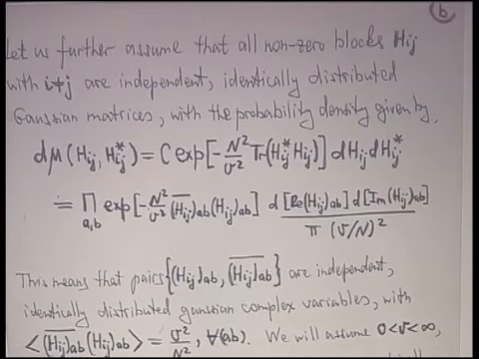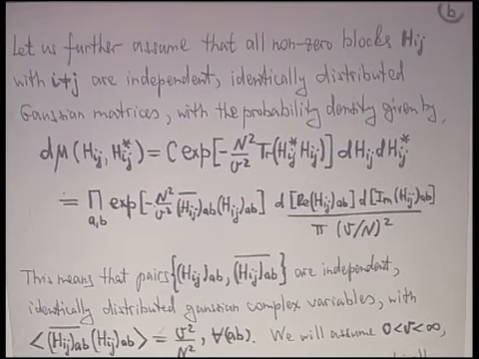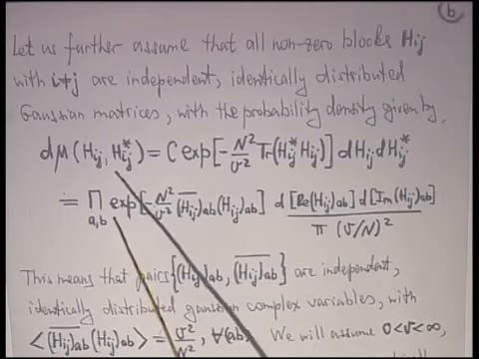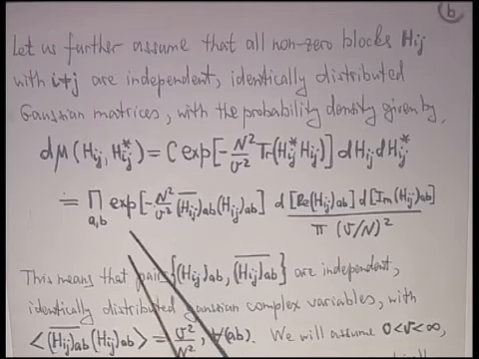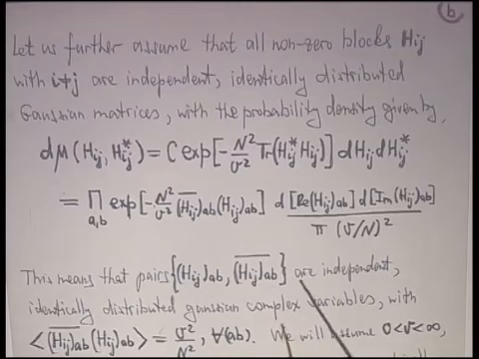For purposes of being able to perform some explicit evaluation of the interesting objects, we also assume them to be Gaussian, although they are not Hermitian. So this is the measure associated with each of the diagonal blocks; we just have them Gaussian.